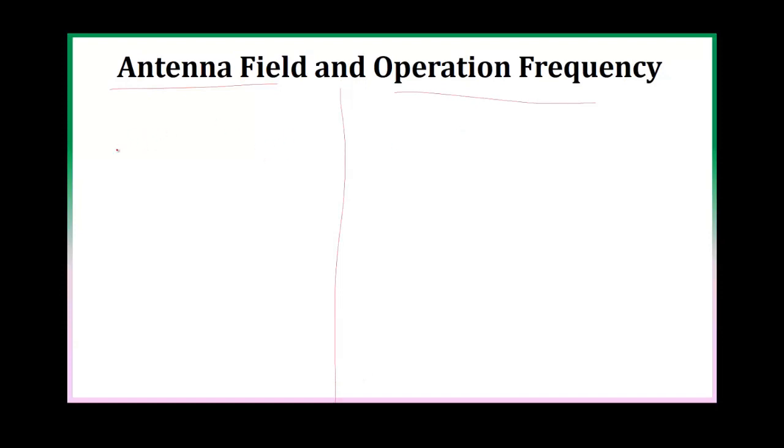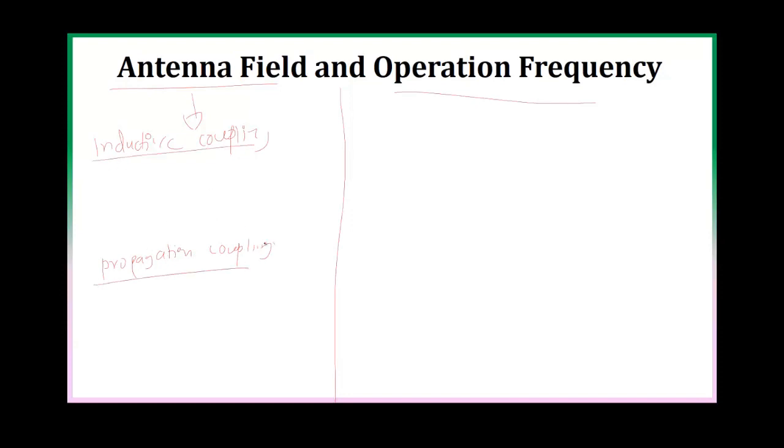You could say the antenna field can be divided into two different parameters. One is inductive coupling, and another is propagation coupling. So you must understand the difference.